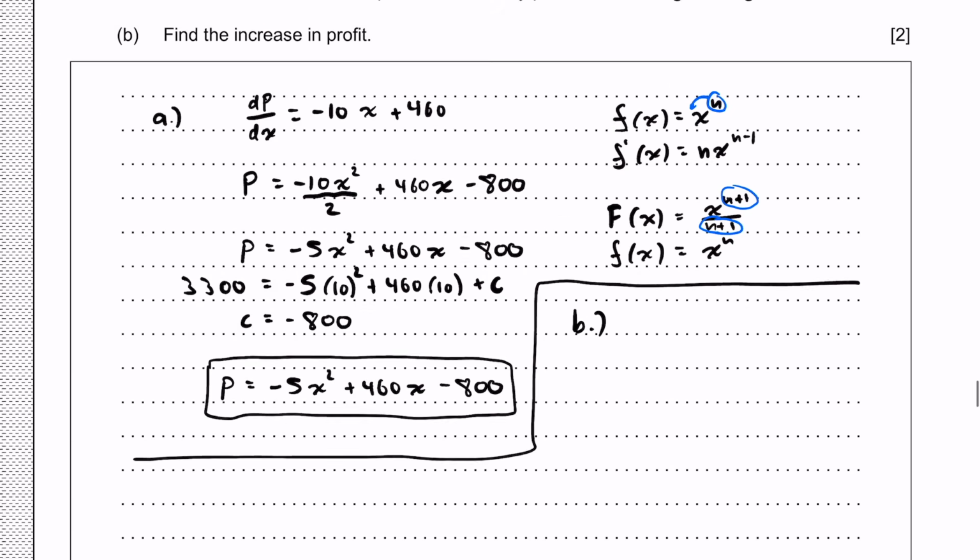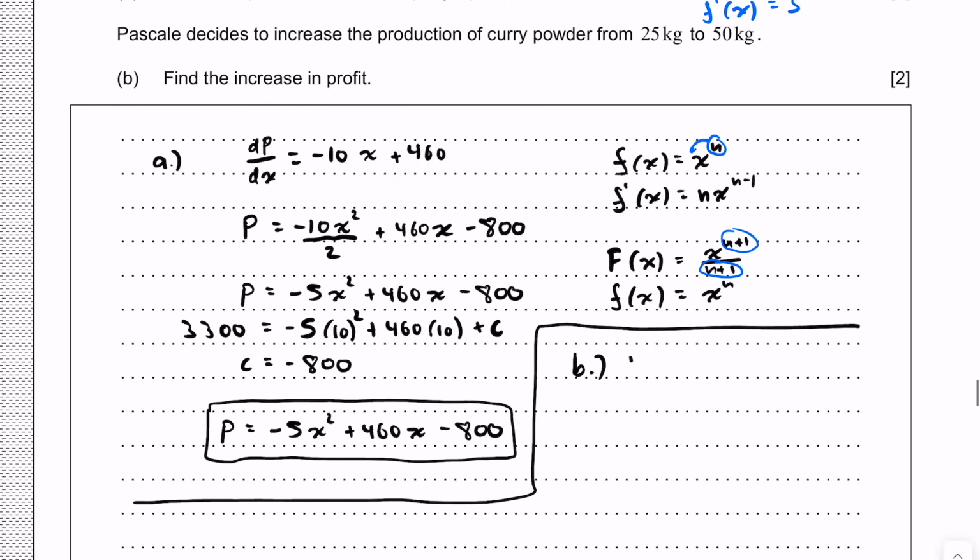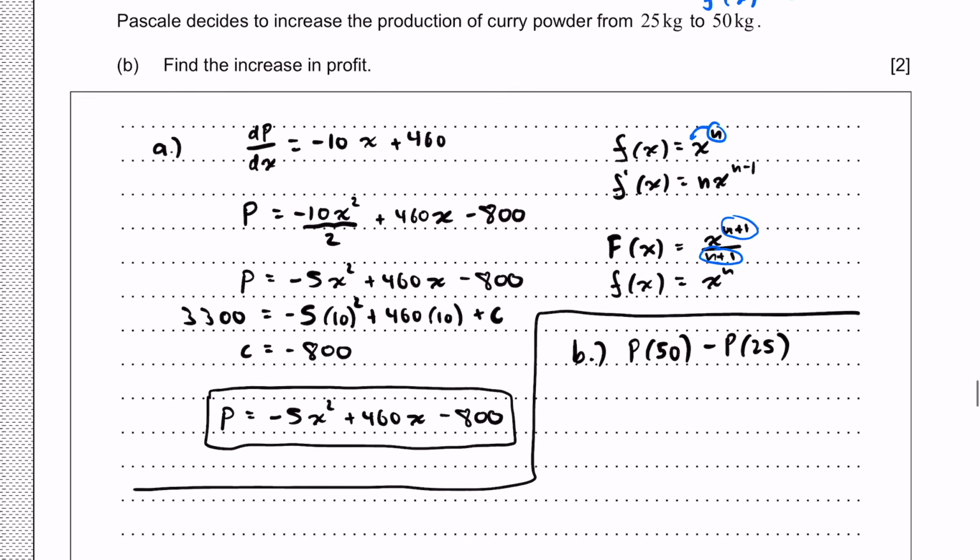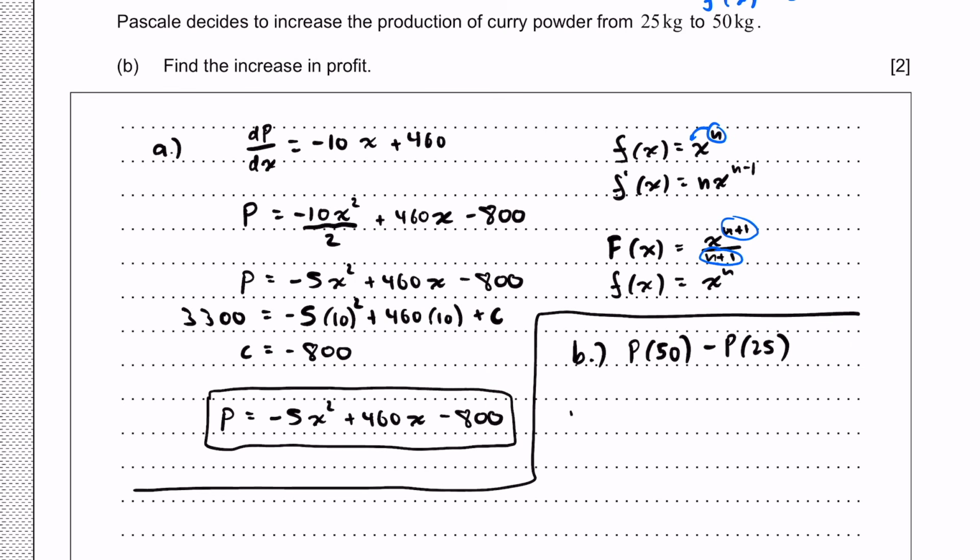Essentially what we would be doing is we would find P50 and the difference between P50 and P25. So let's go ahead and find P50 first. P50 is equal to, we use this function right here: negative 5 times 50 squared plus 460 times 50 minus 800.